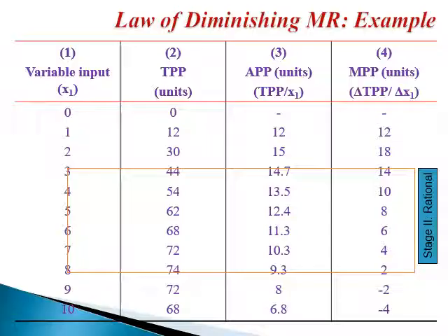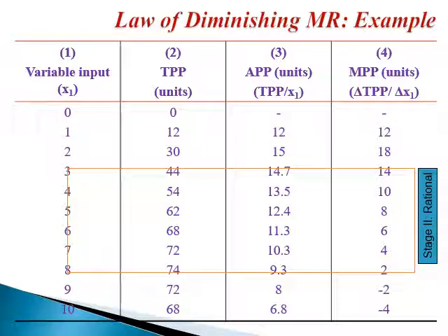Once you find that if you increase the level of the variable input by 1 unit, output will increase by less than 1 unit, which is output increasing at a decreasing rate, and this happens exactly where the average contribution of a single unit of the variable input, the APP of x1, is reached, then this is when thinking will start. Should I start adding more units of the variable input, or should I stop?